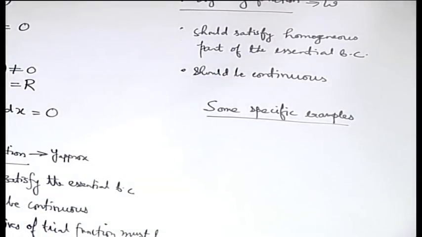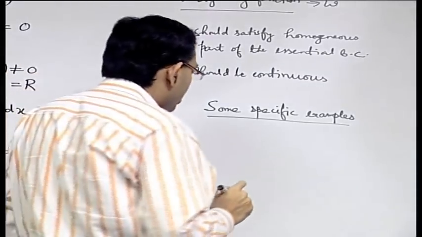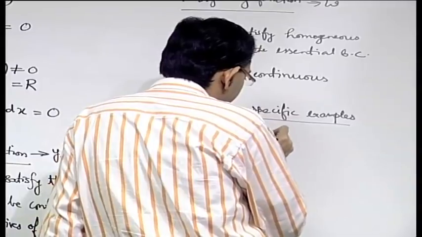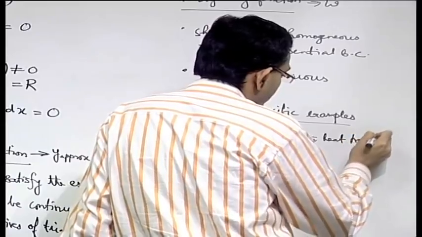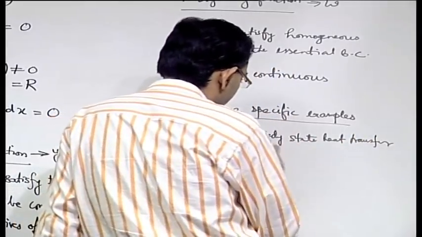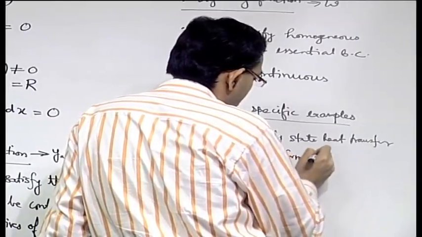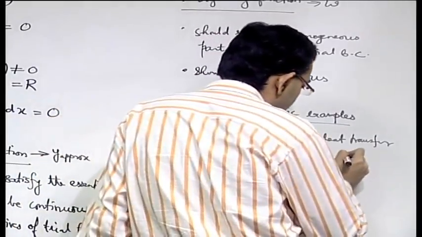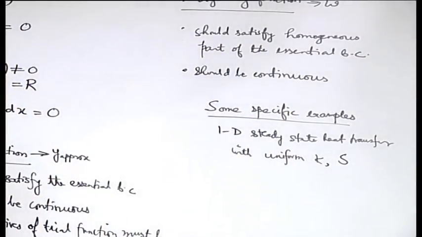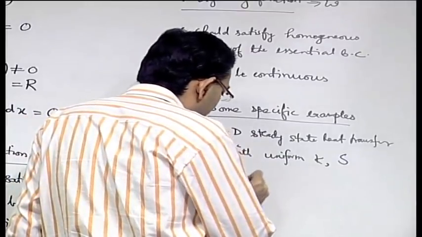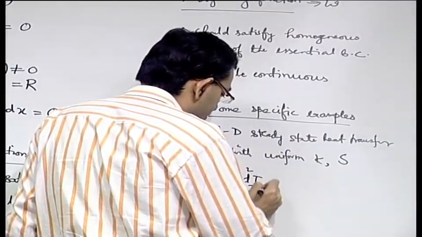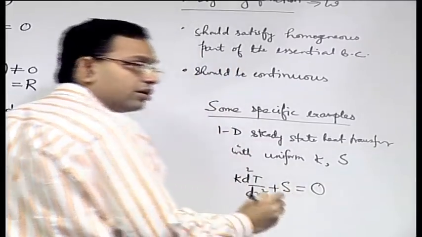Let us say we are interested to solve a heat transfer problem, one dimensional steady state heat transfer with uniform thermal conductivity and heat source S. We have seen earlier that the governing equation becomes d2T dx2 plus S by k equal to 0.